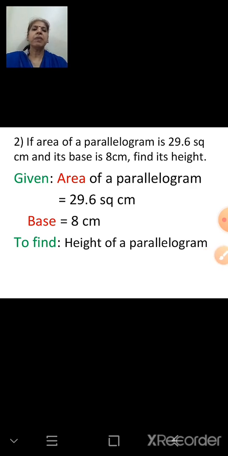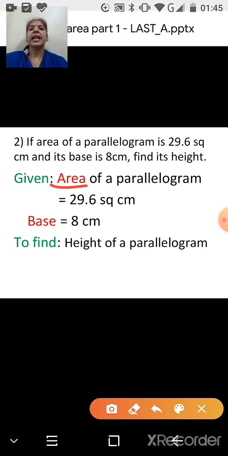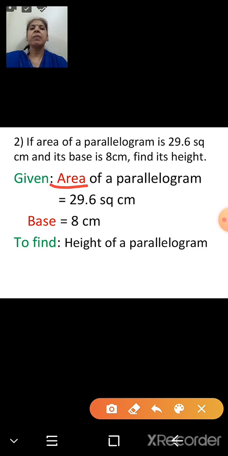If area of a parallelogram is 29.6 square centimeter and its base is 8 centimeter, find its height. So here what is given? Area of parallelogram is 29.6 square centimeter and its base is 8 centimeter.